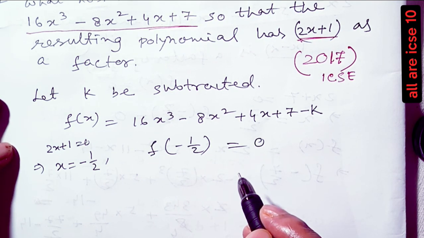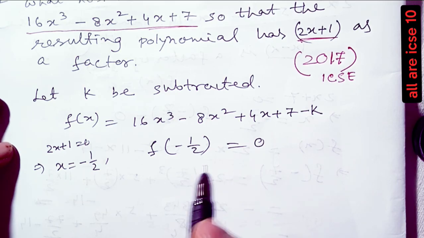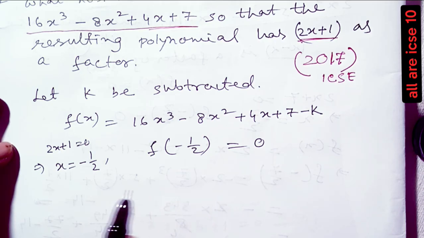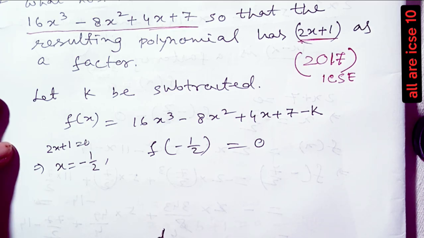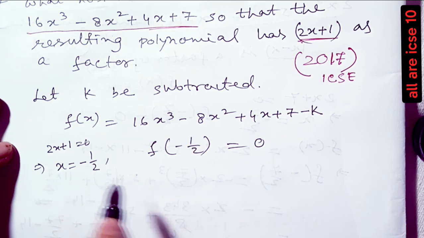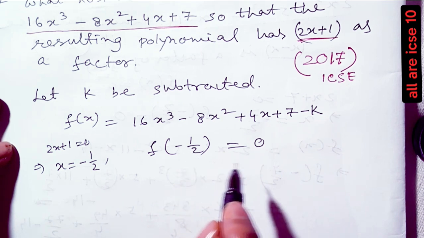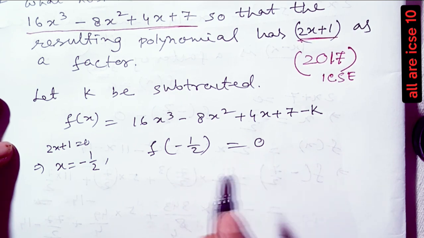We know from factor theorem, if a linear polynomial divides a polynomial, then remainder will be 0. If 2x plus 1 is a factor of our given polynomial, then if x equal to minus 1 by 2, f minus 1 by 2 will be 0.